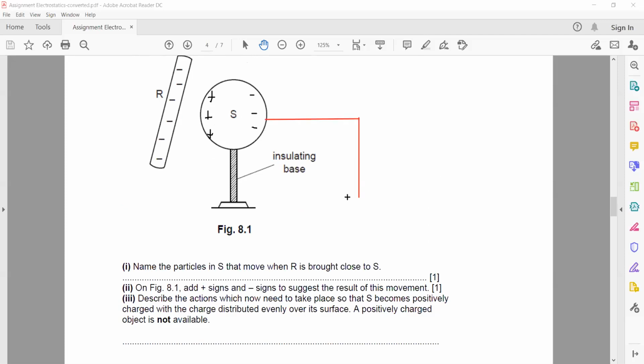It's worth 3 marks, so the first mark is for mentioning connect an earthing wire, which allows negative charge or electrons to move out.